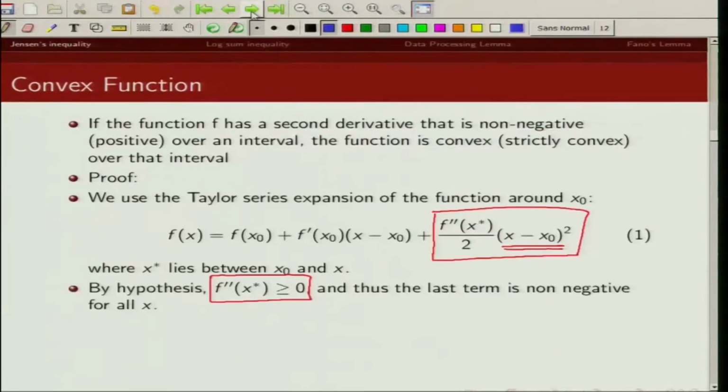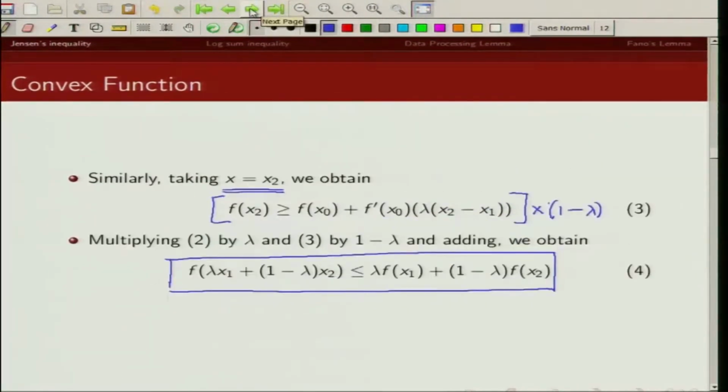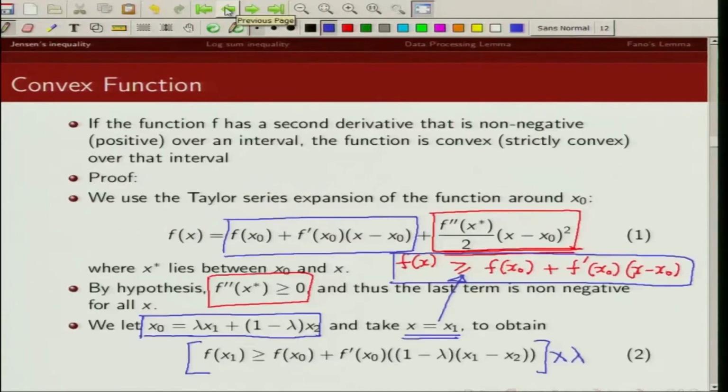Now go back and see what we have arrived at. We have arrived at the condition where the function evaluated at x naught is less than or equal to lambda f of x1 plus 1 minus lambda f of x2, and from the result which I have just shown you, this is the condition for the function to be convex. Hence we have proved that if the second derivative is positive, then the function is convex.